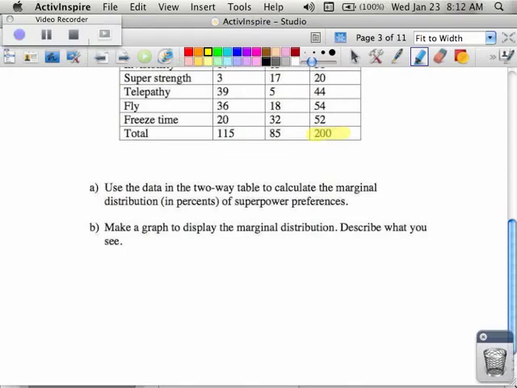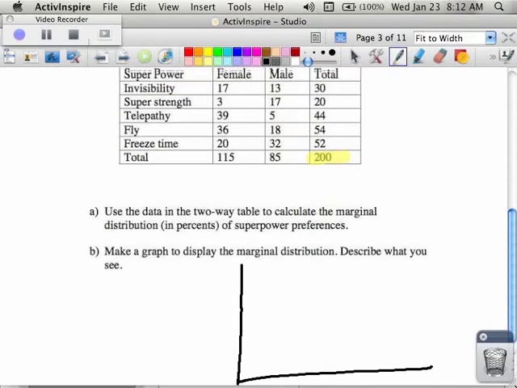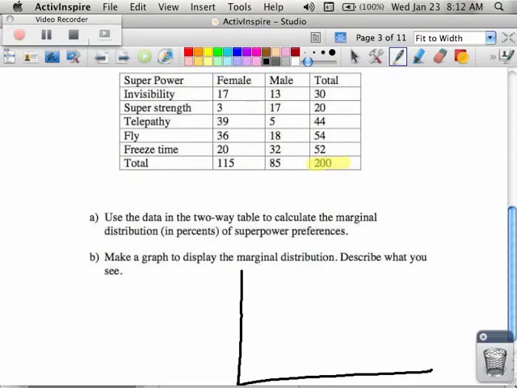All right, so first of all, if I'm making a graph, which I think would be the easiest, I'm going to have a vertical and a horizontal axis. I'll make this off to the side here. And since they're talking about percentages, these are going to be out of 200. It looks like the largest number out of 200 for each of these, if we're talking about totals here, is 54.